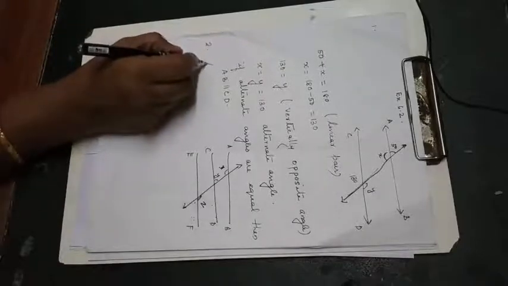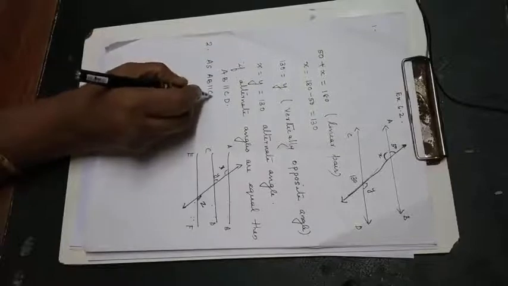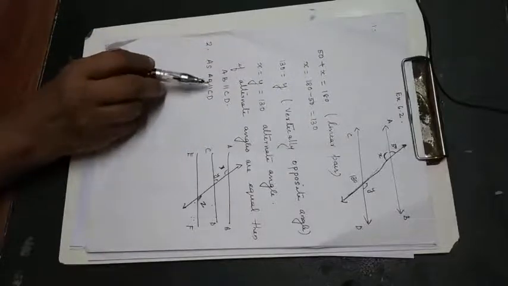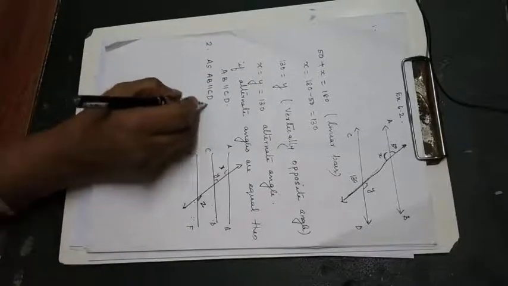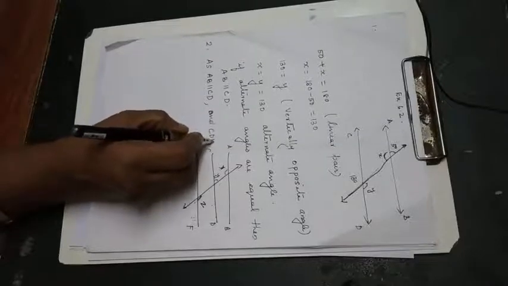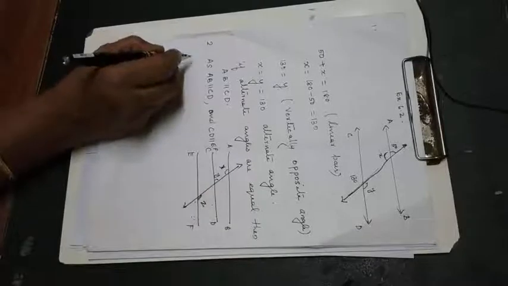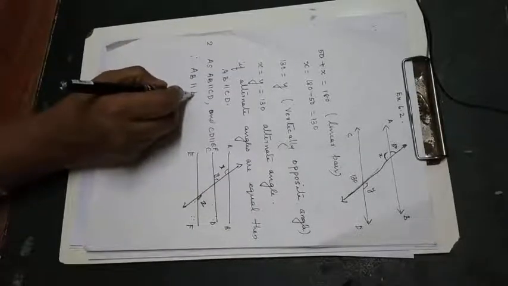So we can write AB is parallel to CD, the parallel sign, which in 8th standard we discussed is like this, two dashes like that, and CD is parallel to EF, therefore AB will be parallel to EF.